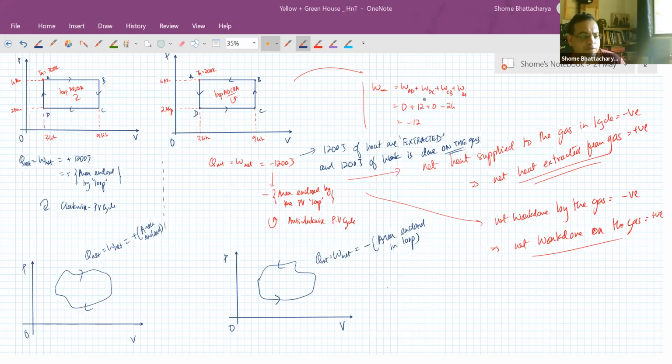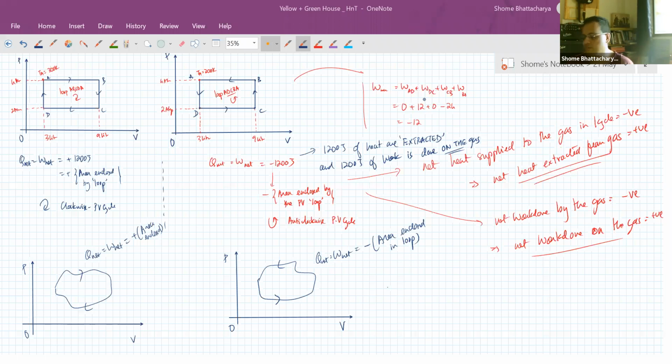In the rectangular loop case, now the second one where I've taken anti-clockwise, Q net is minus 1200. What that means? That the net heat supplied to the gas is minus 1200. That means instead of supplying heat to the gas, I'm taking heat away from the gas. So I'm extracting heat from the gas. You understood now? Okay, sir. So negative value of Q, right from the beginning you've understood this.